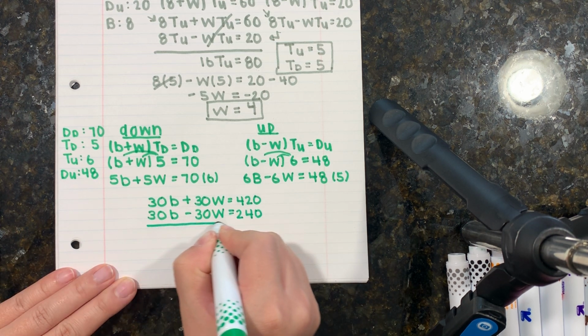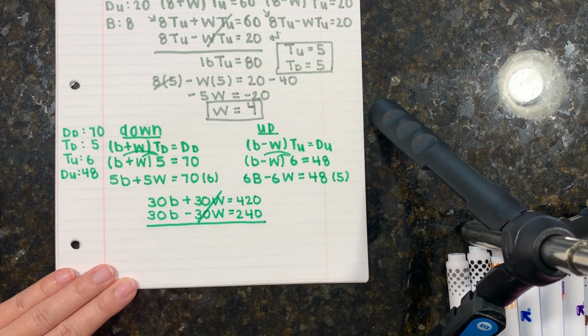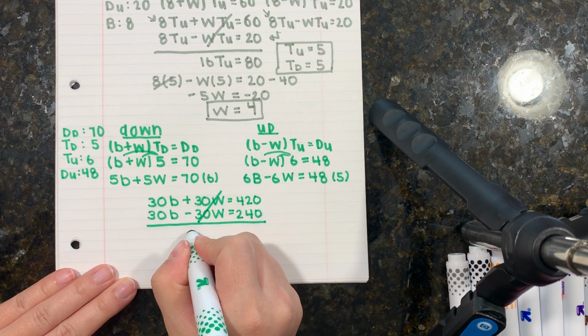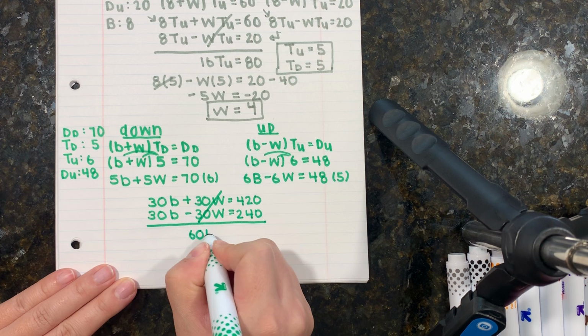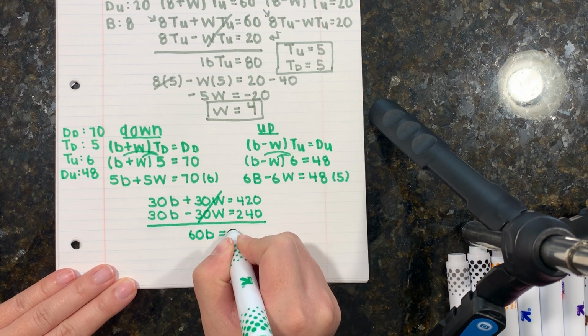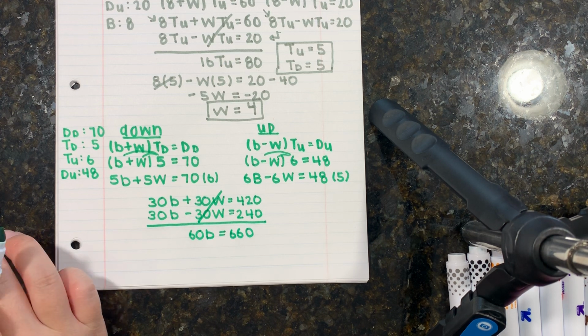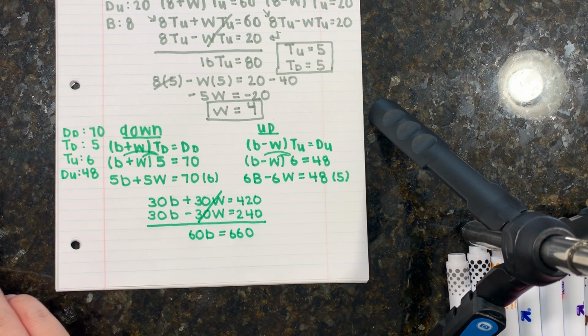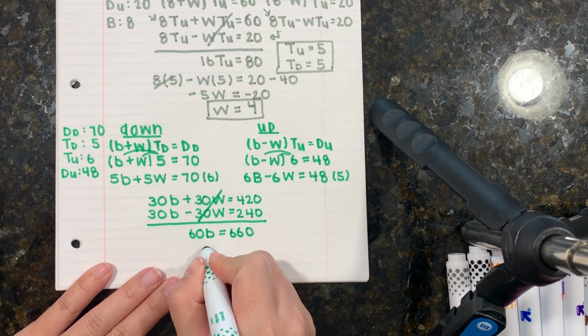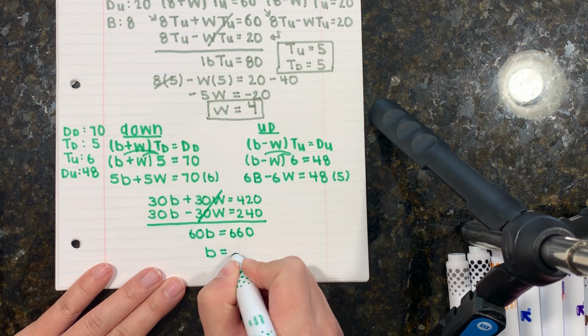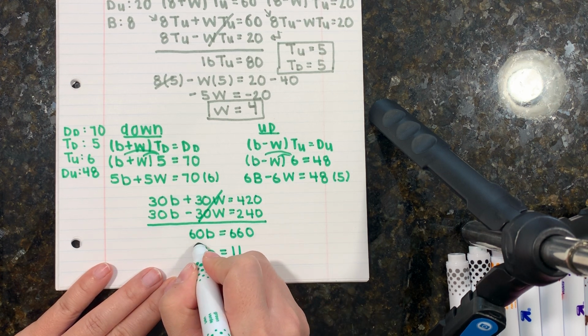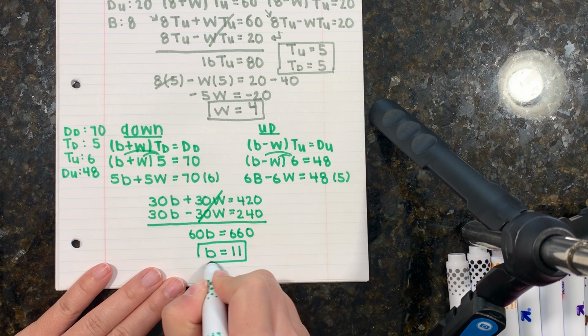Now, if you see, my W's are going to cancel. And now I'm going to be left with 60B is equal to 660. And if I divide that by 60, I get that B is equal to 11. So the speed of the boat is going to be equal to 11.